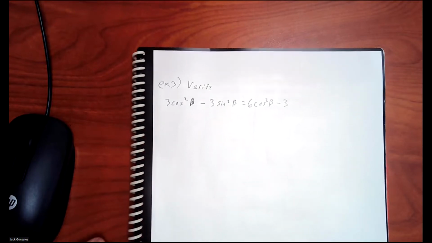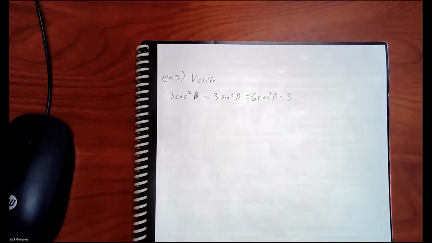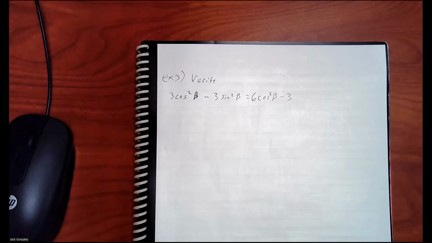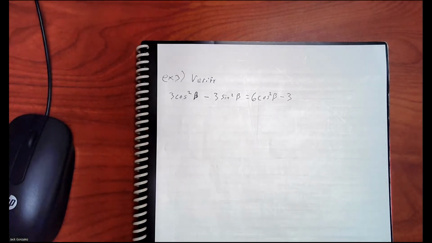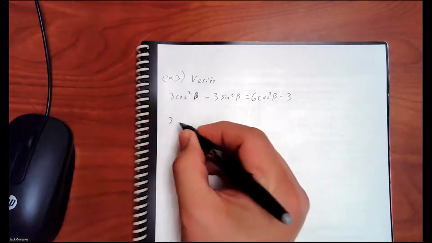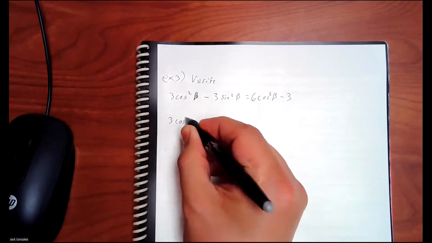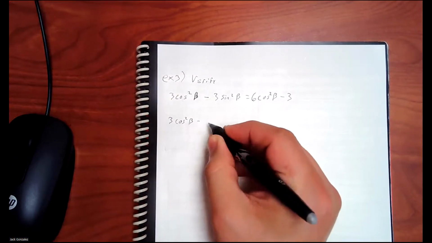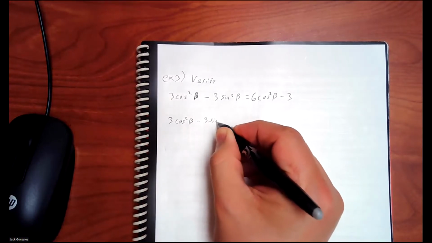What side do you think we should start on? Yeah, I think the left might be better. So 3 cosine squared minus 3 sine squared.